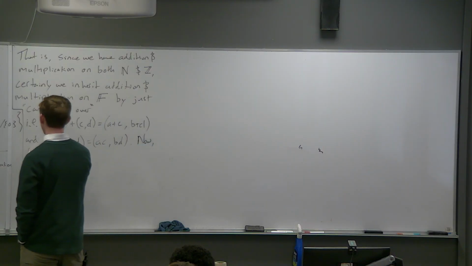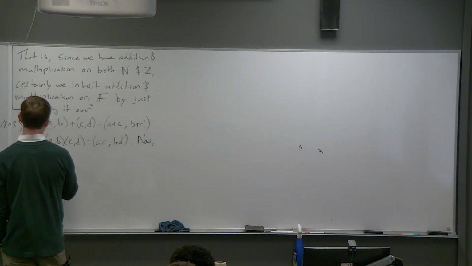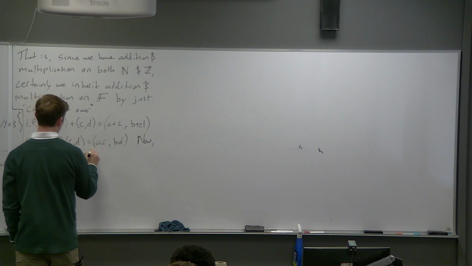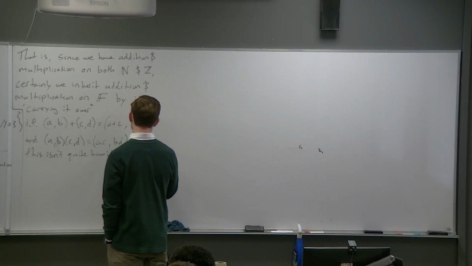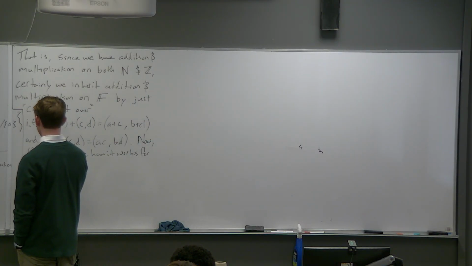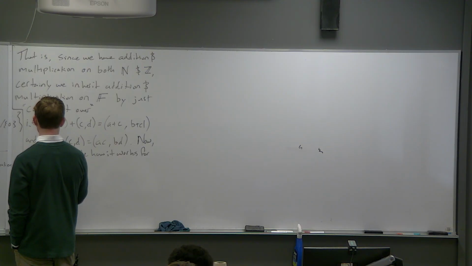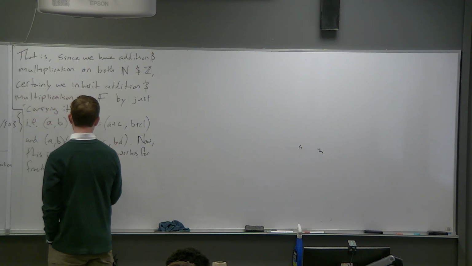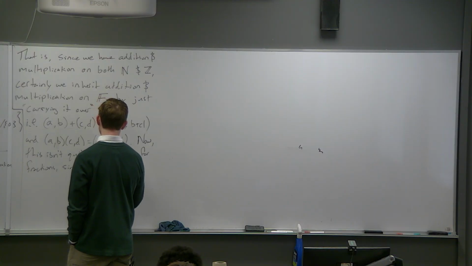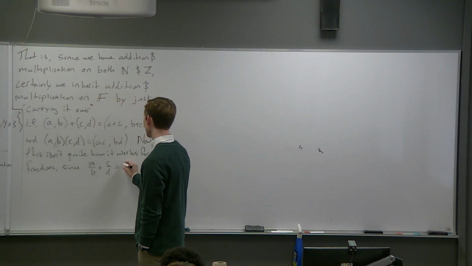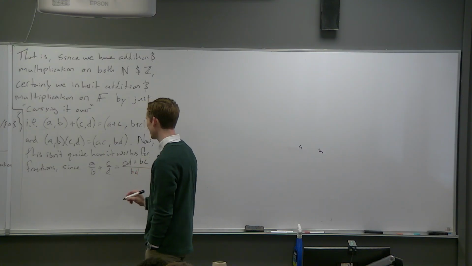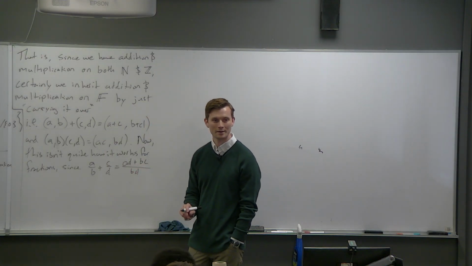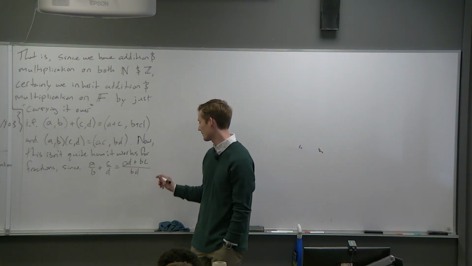Now this isn't quite how it works. For fractions, A over B plus C over D is equal to, well, what? AD plus BC over BD, right? Okay.